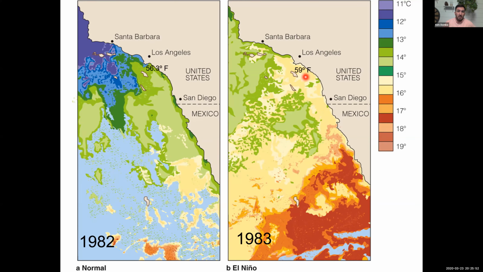A 2 or 3 degree temperature change to them is very noticeable, potentially dangerous, potentially fatal, potentially catastrophic to those populations. And the other folks that notice that the temperature is warmer here are the warm water species, like warm water species of fish and eels and sharks.